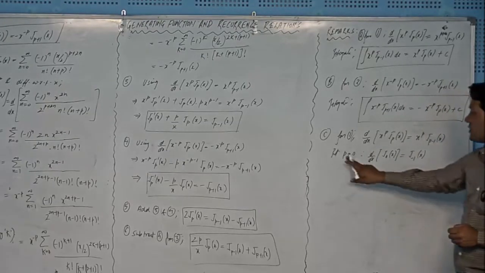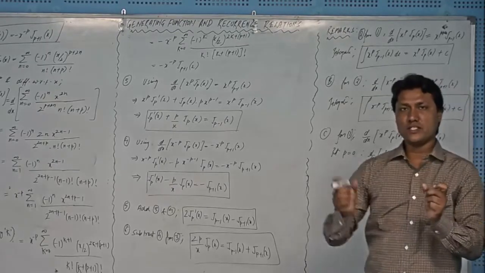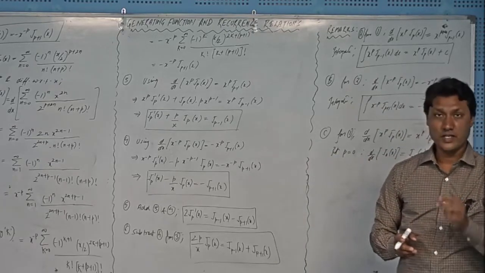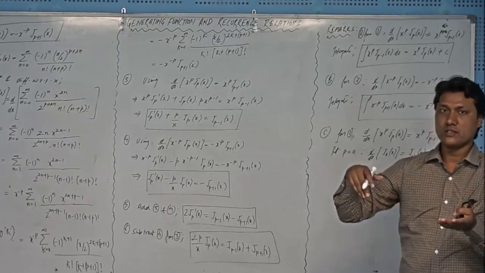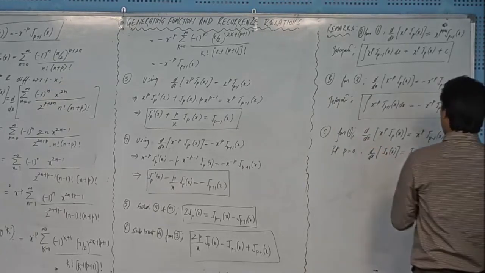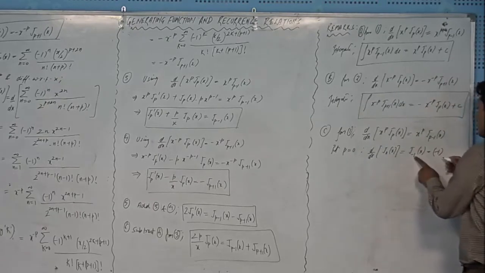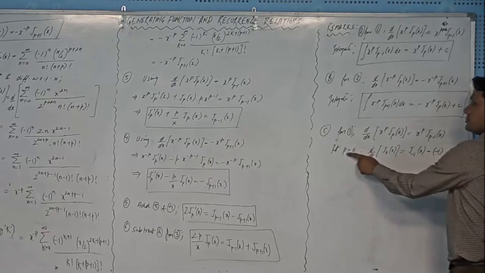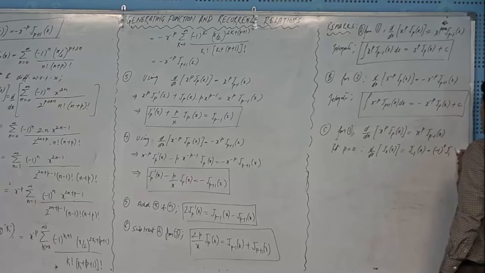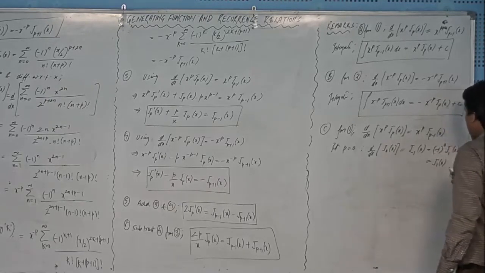But since p is 0, and 0 is an integer, in the case of an integer you know that J_p and J_{-p} are related, or dependent on each other, right? We can replace J_{-p} by minus 1 to the power p times J_p, and the same thing can happen here. Since it is a negative suffix, you will replace it by minus 1 to the power this number. Since p is 0, that will ultimately become J_1(x).